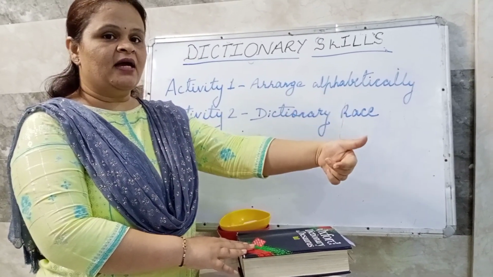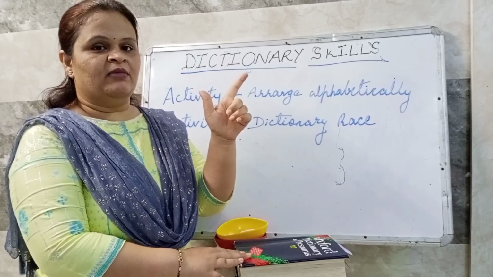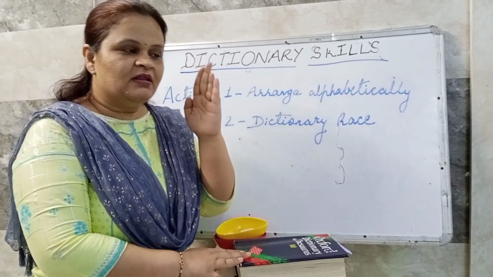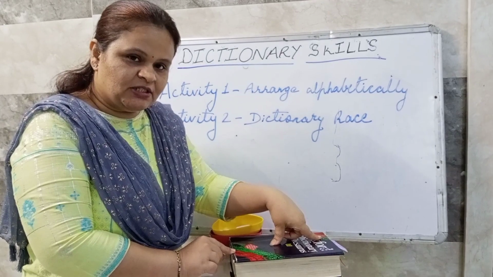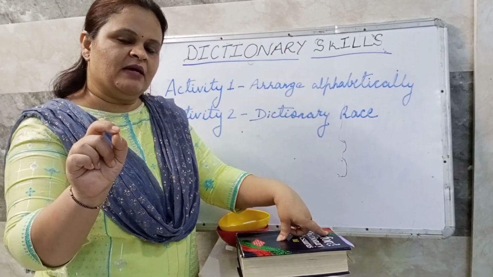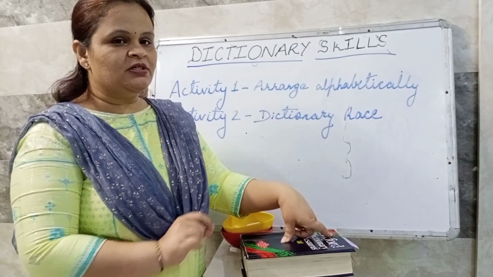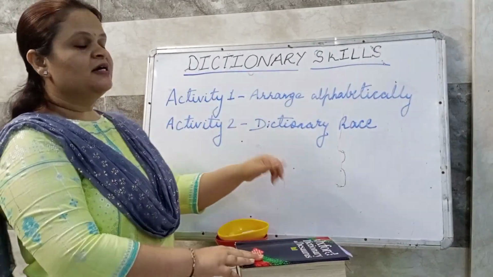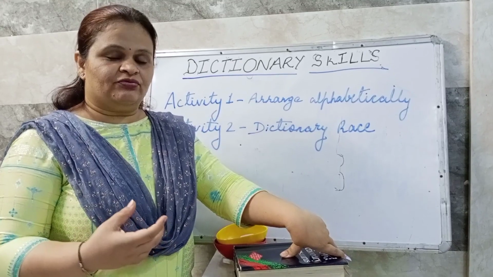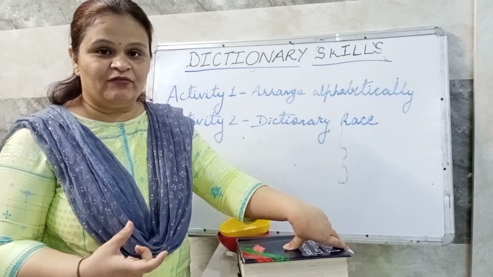At that time you will watch the time limit. The one who completes the game in the minimum time will be the winner of the game. Okay children, so this is the activity. It will improve your time limit.